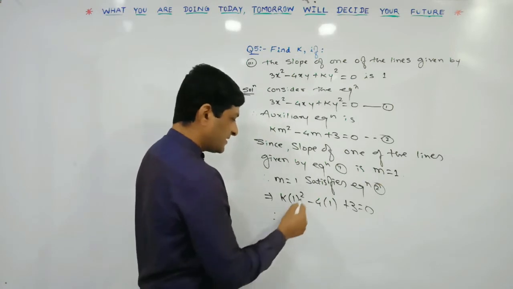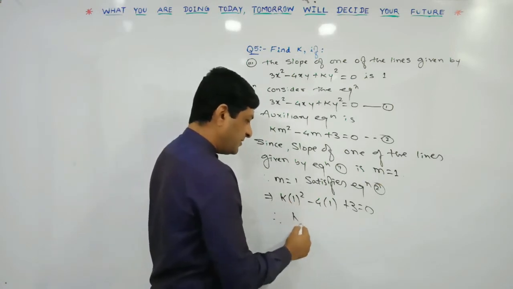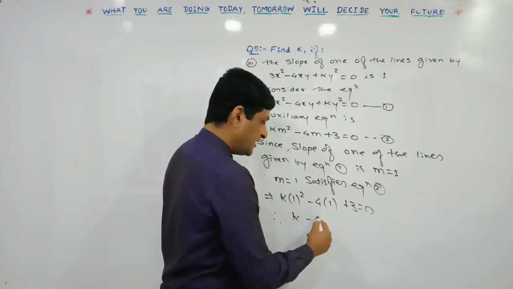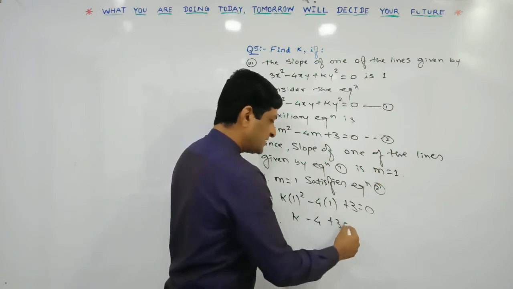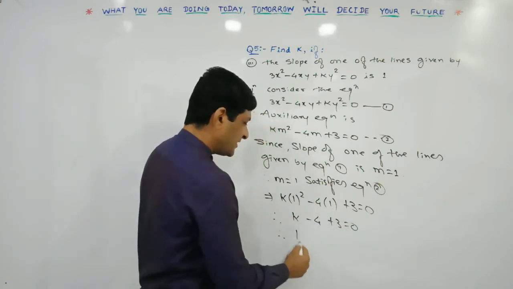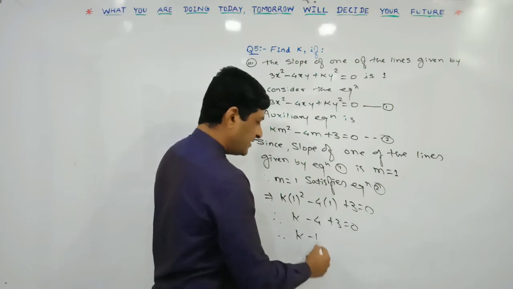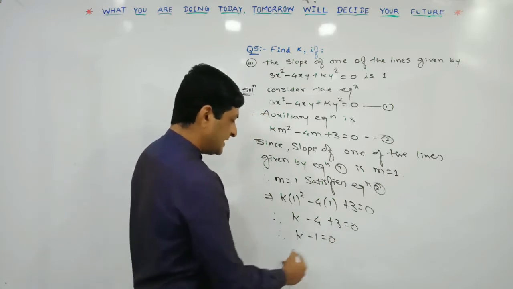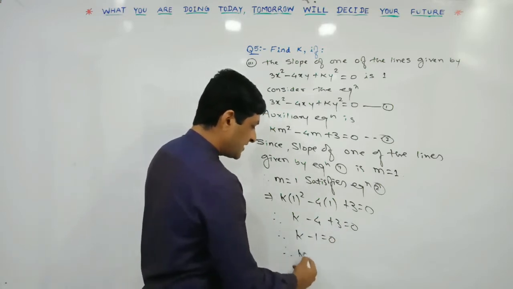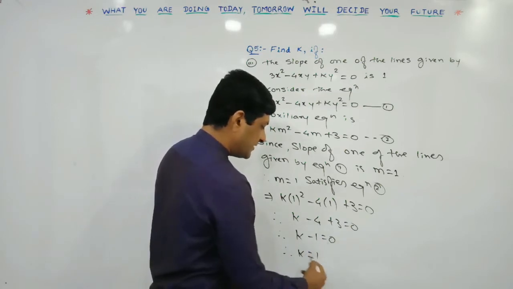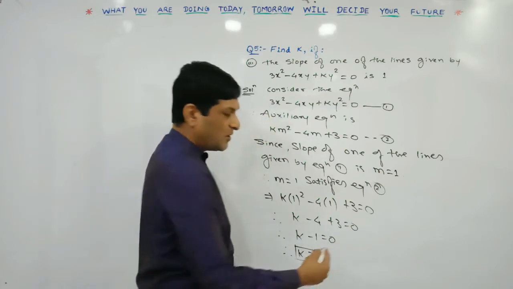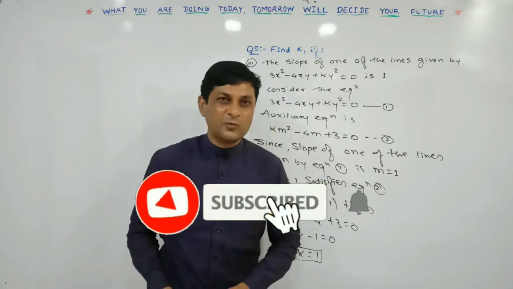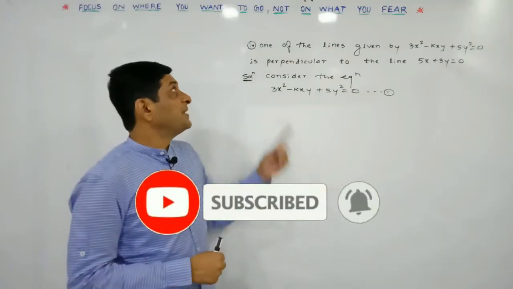So 1 square is 1 into k will be k, minus 4 into 1 is minus 4, plus 3 is equal to 0. So k minus 4 plus 3 is minus 1, keeping 0 as it is on this side. So k is equal to minus 1, which on this side becomes plus 1. In this way we have got the value of k. K will be equal to plus 1.